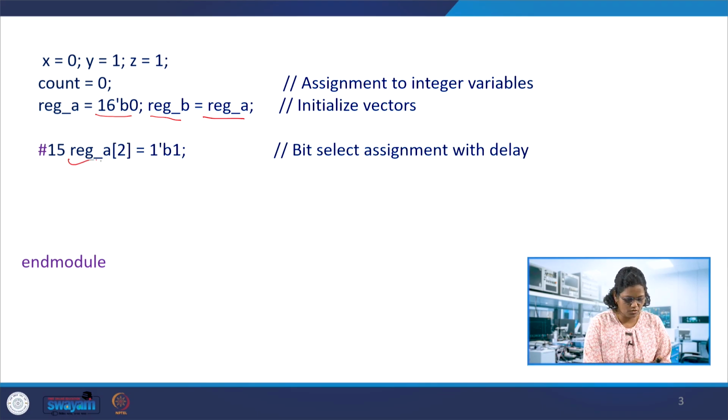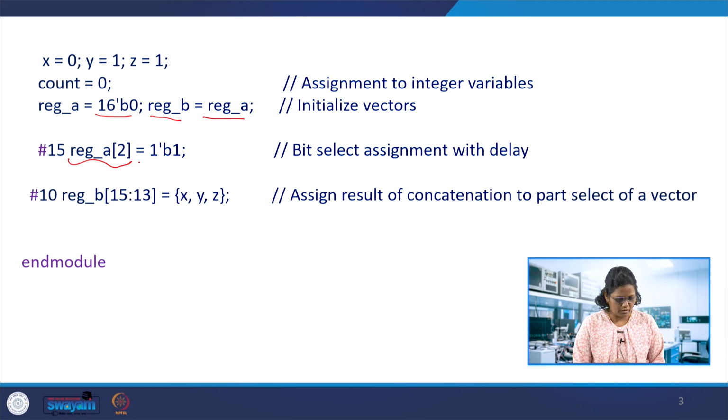Reg A of 2, that is, it is 16 bits, indices 0, 1, 2, so this index 2 is changed to 1 bit 1. Initialized to 0, the index 2 will be made to 1, and then hash 10.